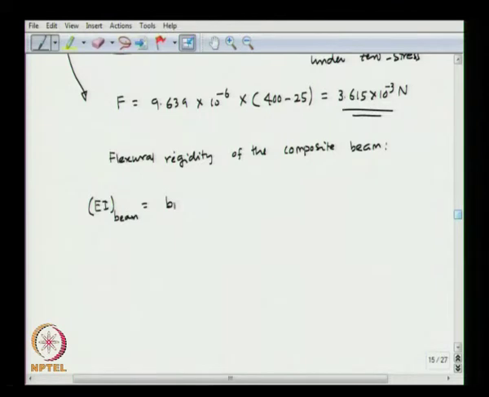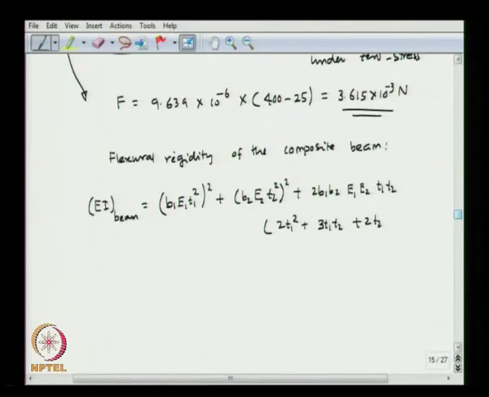So, we use the formula: (B1 E1 T1 square) whole square plus (B2 E2 T2 square) whole square plus 2 B1 B2 E1 E2 T1 T2 into (2 T1 square T2 plus 2 T2 square) divided by 12 (T1 B1 E1 plus T2 B2 E2).